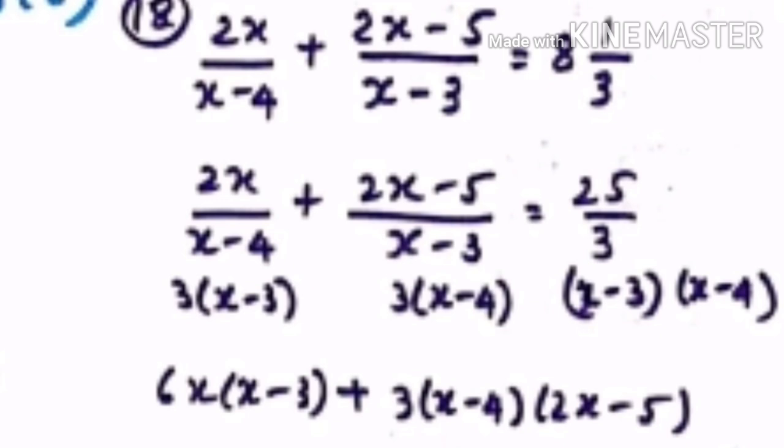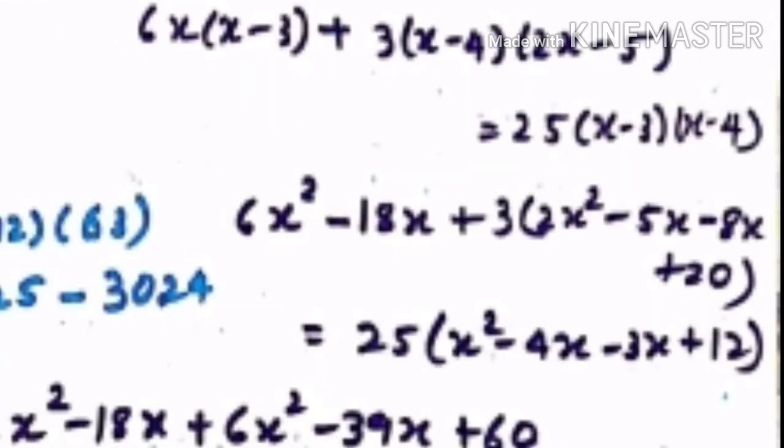So I write x minus 4 with 3 x minus 3, x minus 3 with 3 x minus 4, and then on the right side with 3 x minus 3 and x minus 4, and then we have to multiply these brackets in the numerator, so that 3 2s are 6x, x minus 3 plus 3 into x minus 4 into 2x minus 5 is equal to 25 x minus 3 x minus 4.